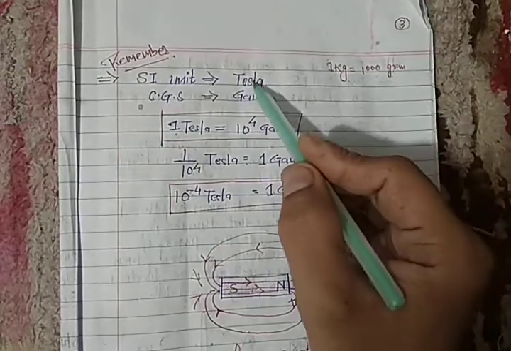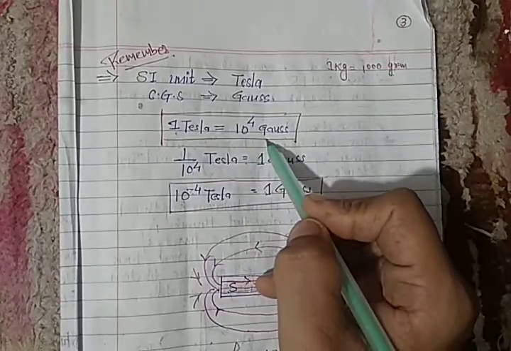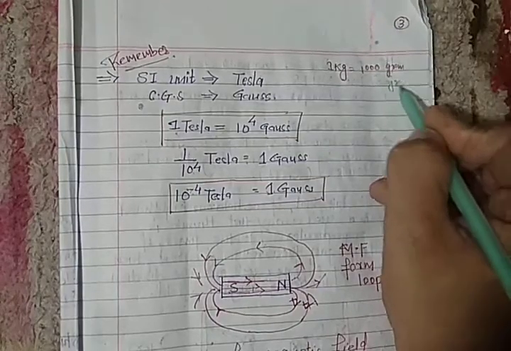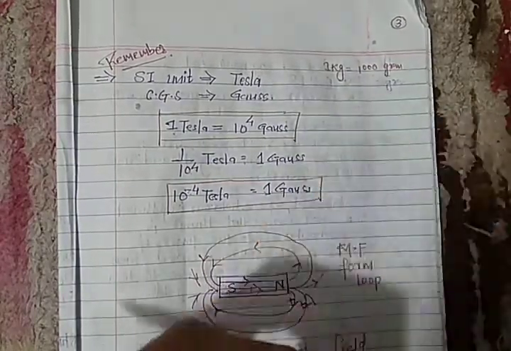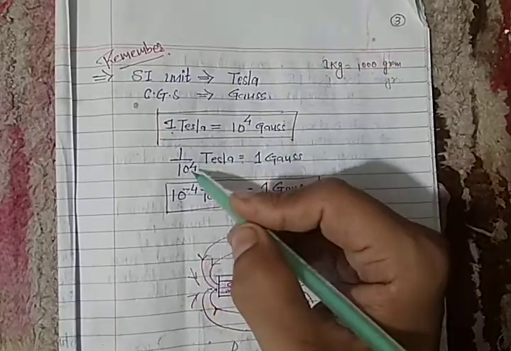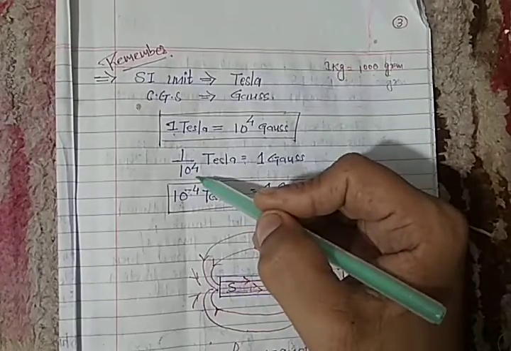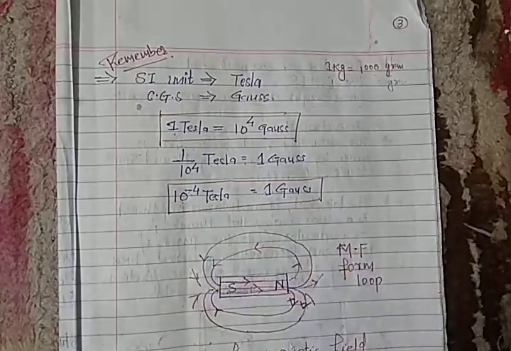Same way, 1 Tesla is equal to 10 to the power 4 Gauss. Now if I want to calculate in Gauss, what should we do? Taking 1 upon 10 to the power 4, the denominator goes to the numerator, the sign will change, it becomes -4. So 1 Gauss is equal to 10 to the power -4 Tesla.